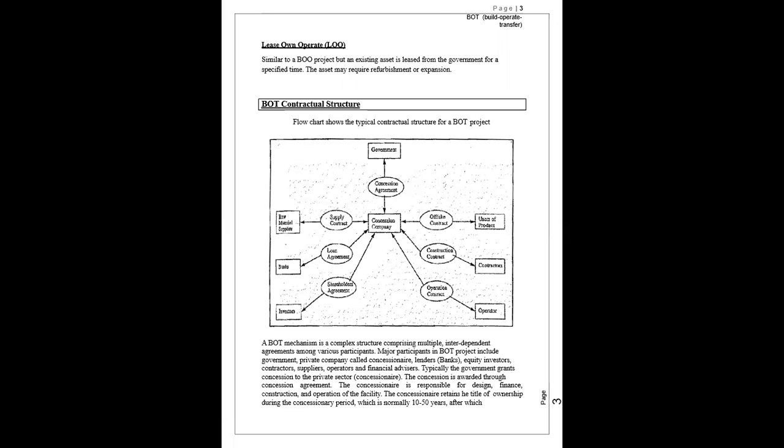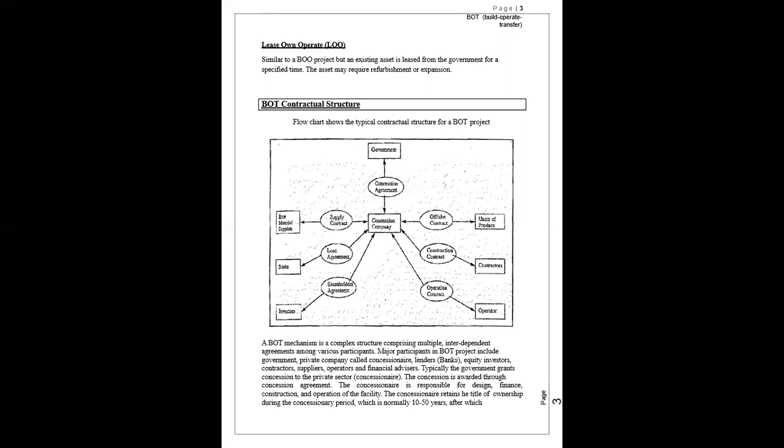Major participants in BOT projects include government, that is on the topmost, private company called concessionaire or concession company, then lenders, that is banks, equity investors, contractors, suppliers, operator, financial advisors, and whatnot.